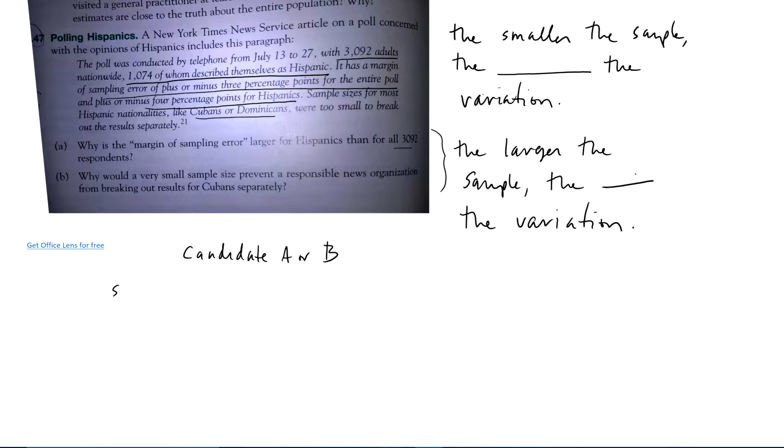If I take sample one, I might get a group of 1,000 people or 2,000 or 10,000 people. Say it's a big sample.